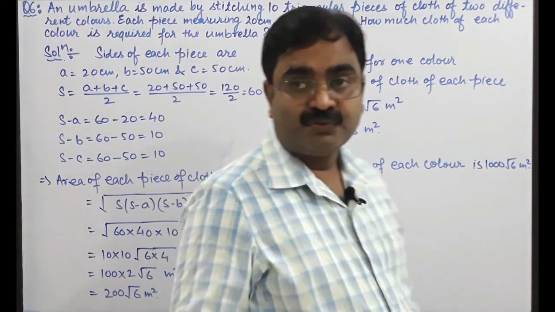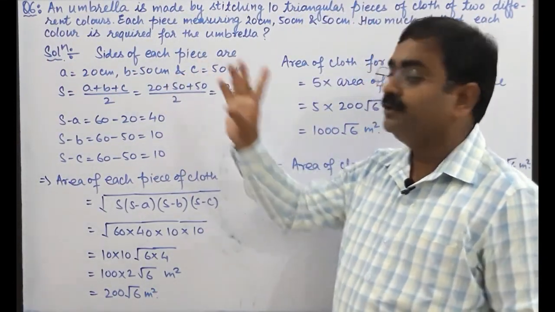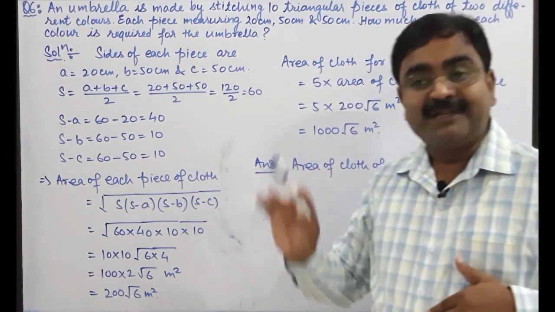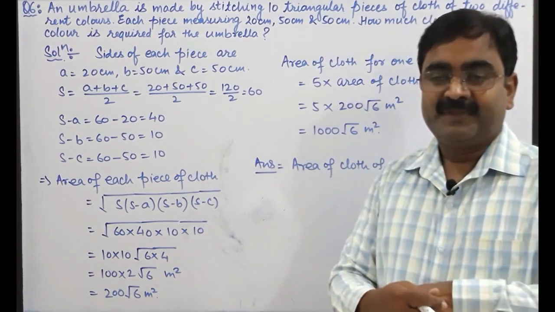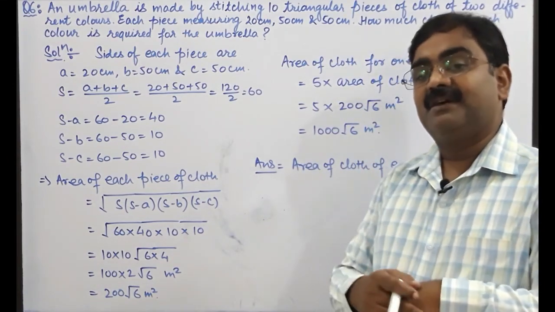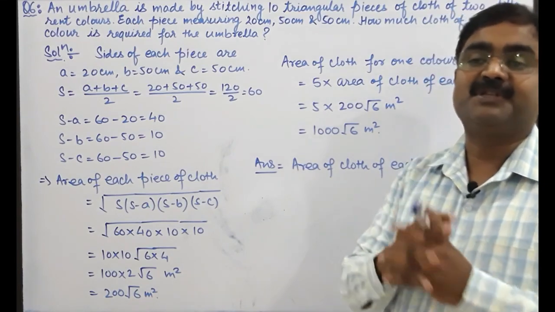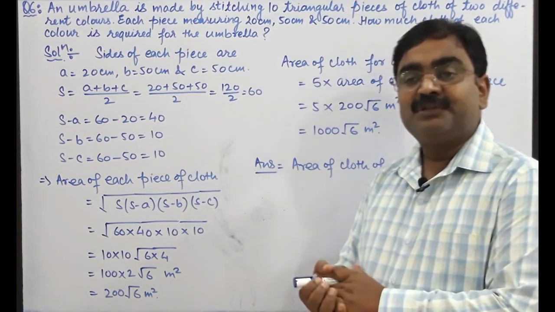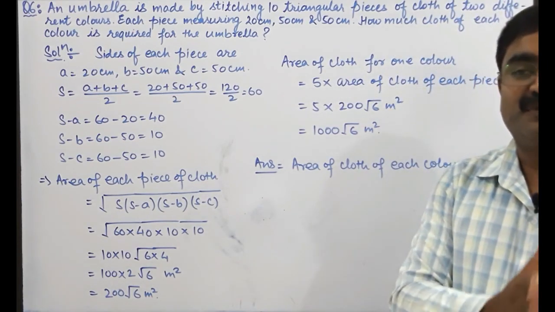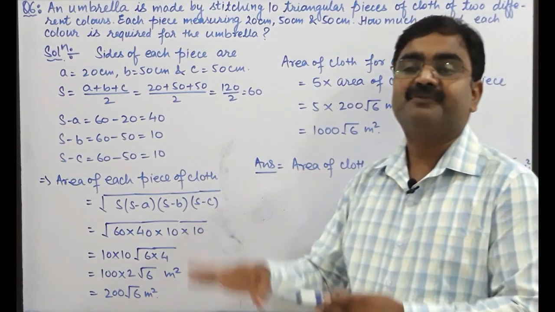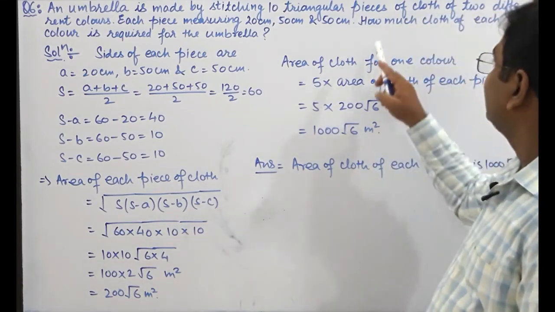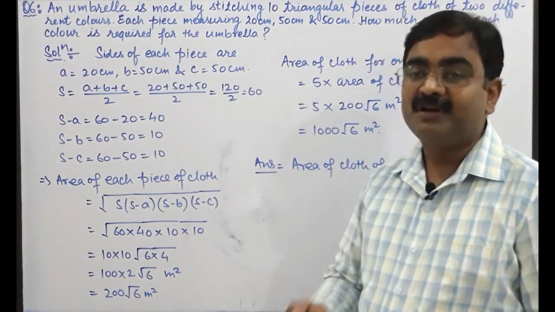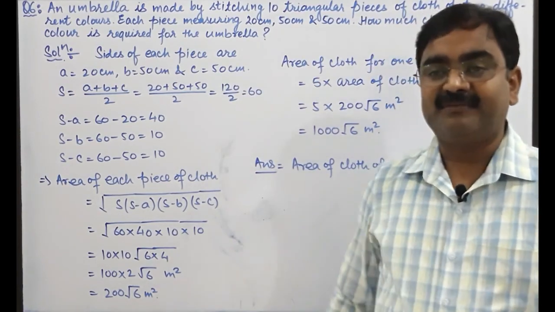Right? So after getting the meaning of the question, then you need to solve. From the figure it is clear that there are 2 colors and this umbrella consists of 10 triangular pieces. So if it is having 2 colors, obviously 5 pieces of the first color and other 5 pieces of the second color. As it is asking how much area of each color is required, we have to find the area of 5 pieces only.